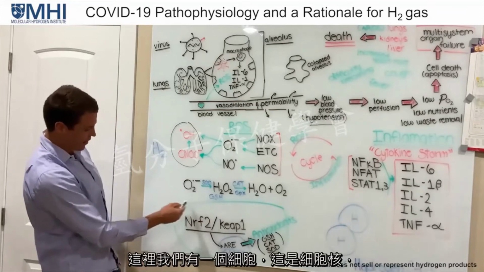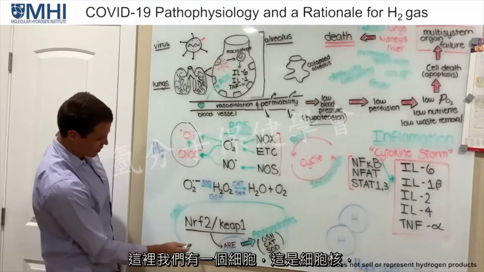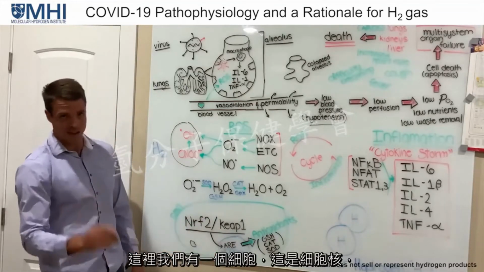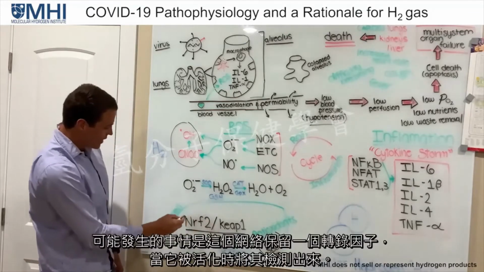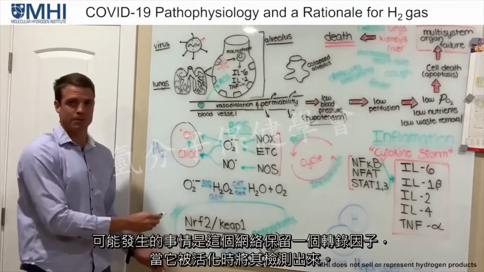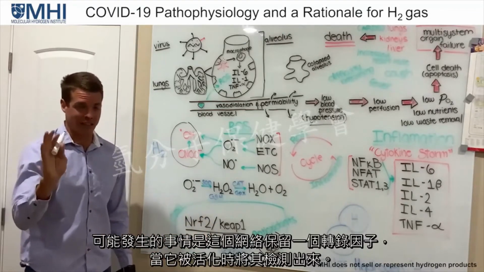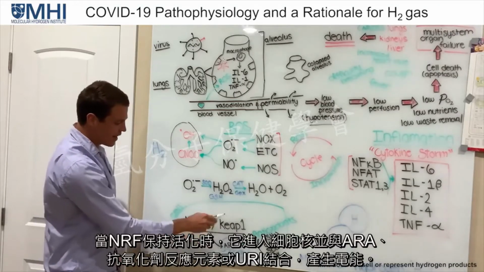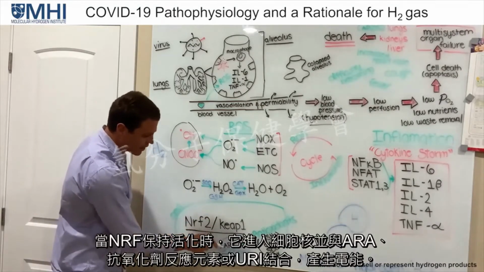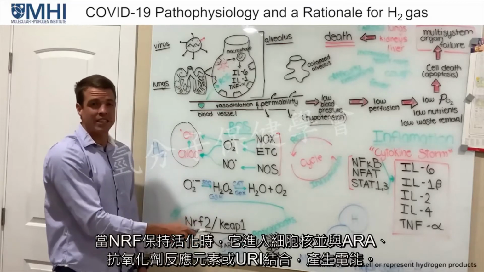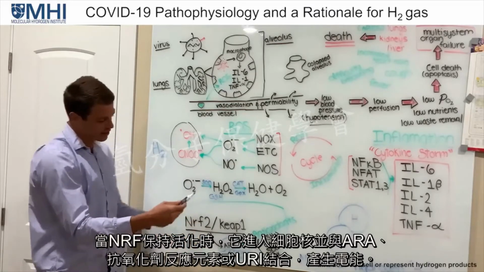Okay, so here we have a cell, and here's the nucleus. Okay, look, here's your mitochondria. But what can happen is that NRF2 KEAP1 is a transcription factor that when it gets activated, check this out, goes into the nucleus and binds to the ARE, the antioxidant response element, or EpRE, the electrophile response element.